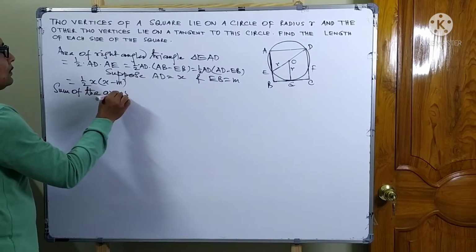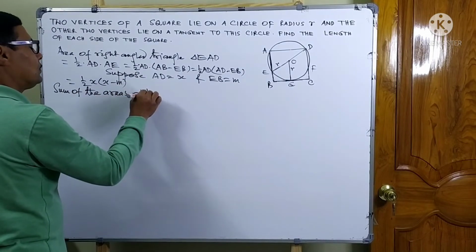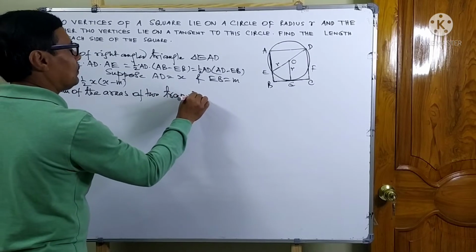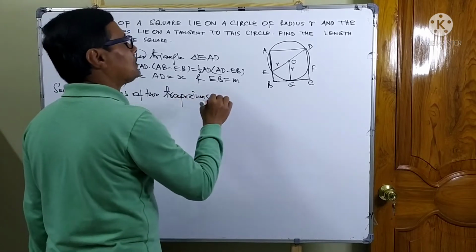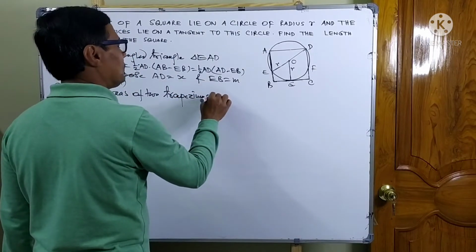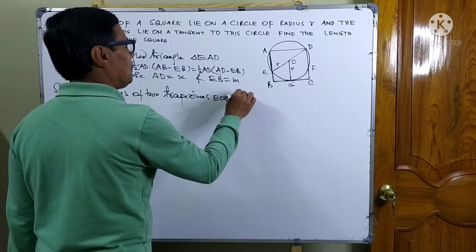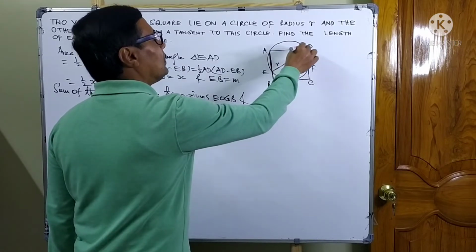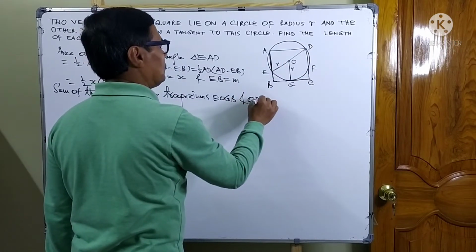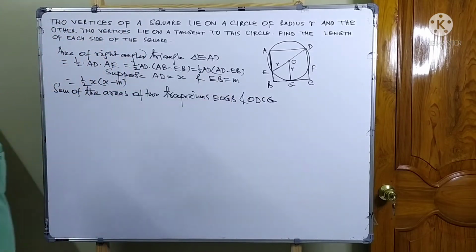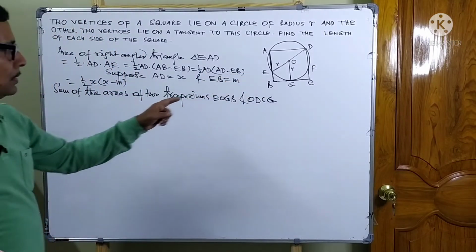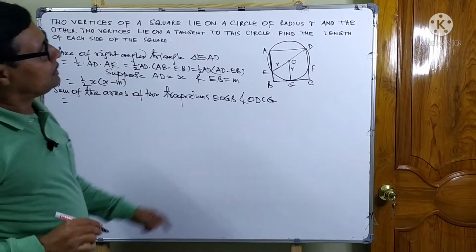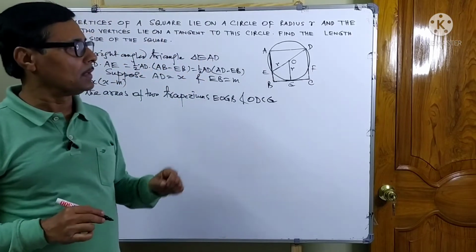And sum of the areas of two trapeziums, EOGB and ODCG, is equal to, we have already known the formula for the area of any trapezium.